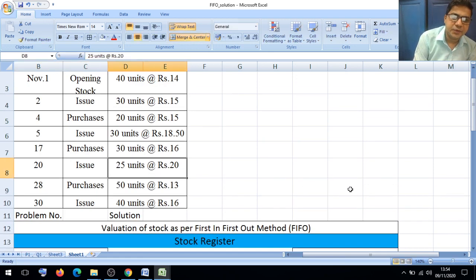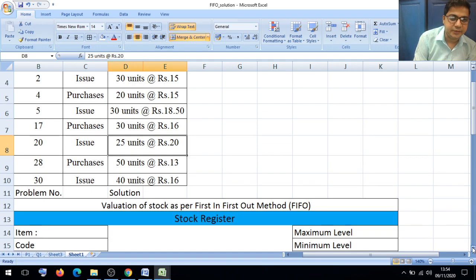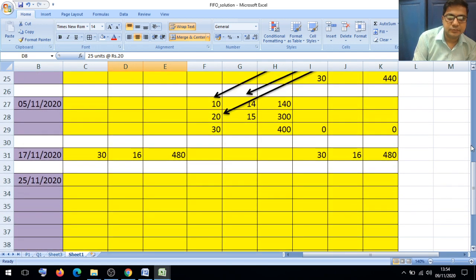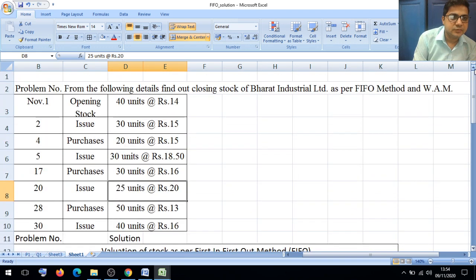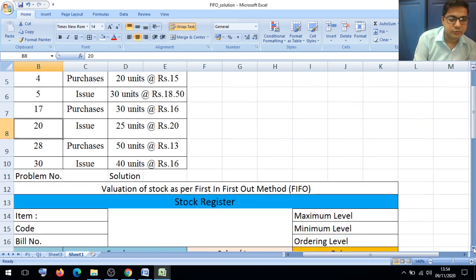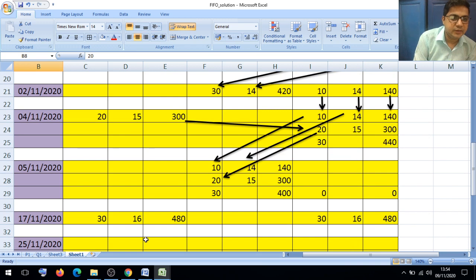Rate is 20, but we have to ignore the rate 20. After 17, 20 November 25 units we want to sold. So we will write here 20. The 25 units they want to sold. The 25 units we have to consider.